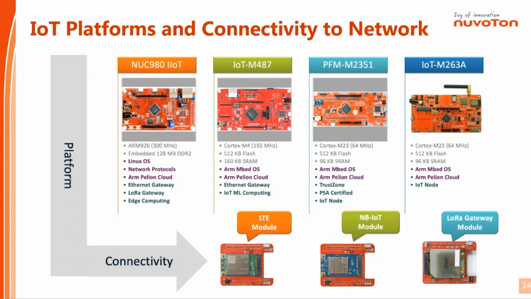Then move to the NuMaker IoT M487. It is powered by the Nuvoton M487 microcontroller, which has a Cortex-M4 core running up to 192 MHz. Internal memory includes 512 kilobytes flash and 160 kilobytes SRAM.